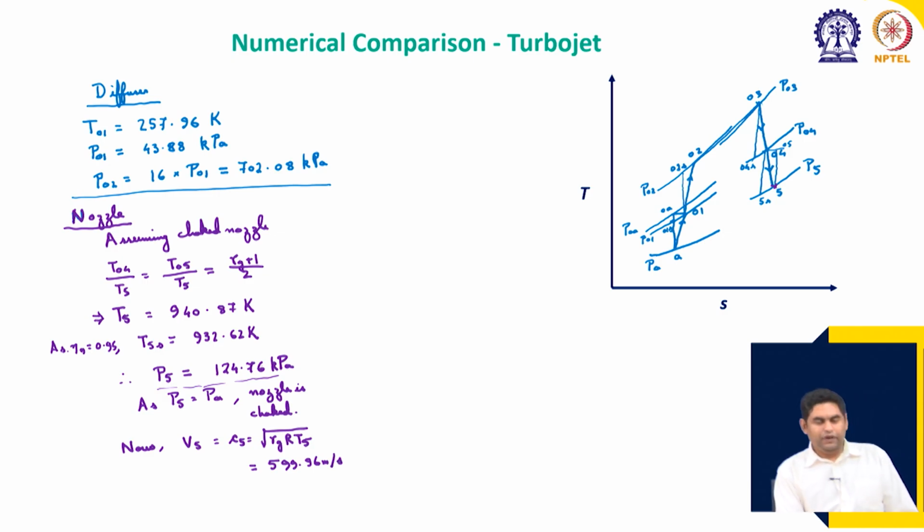Now we also have to find the density and the cross-sectional area of the nozzle, because we have to find the pressure thrust.